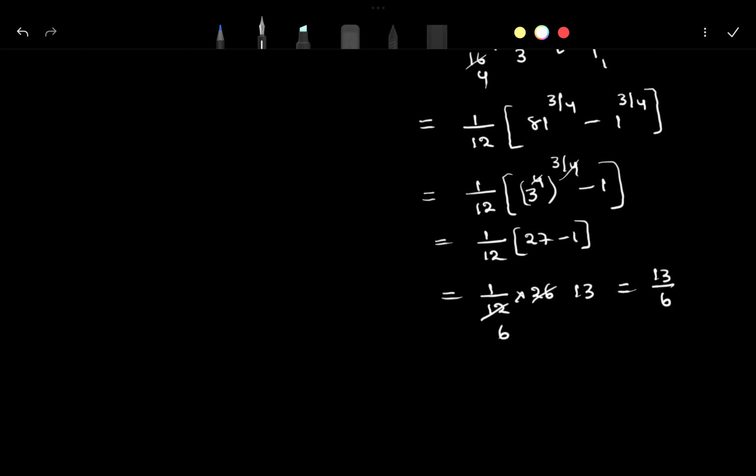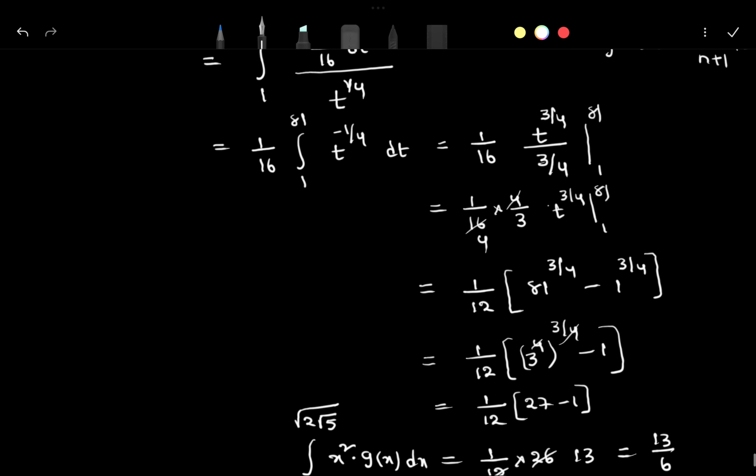This value is nothing but the value of the integration from 0 to square root of 2 into root 5 of x^2 g(x) dx. So 13/6 is the value of the integration from 0 to square root of 2 root 5 of x^2 g(x) dx.